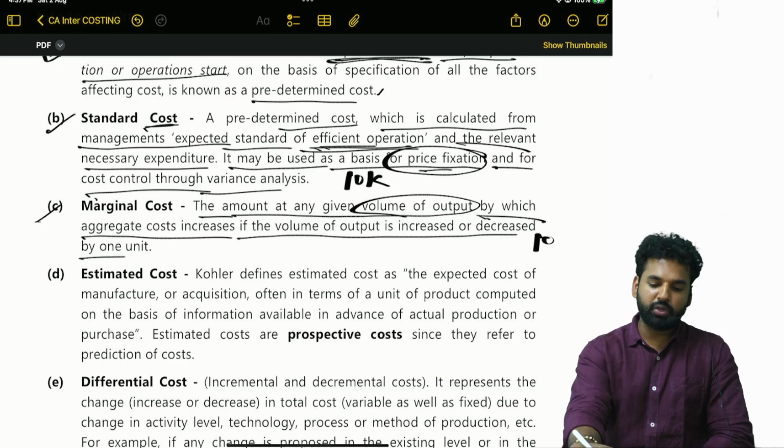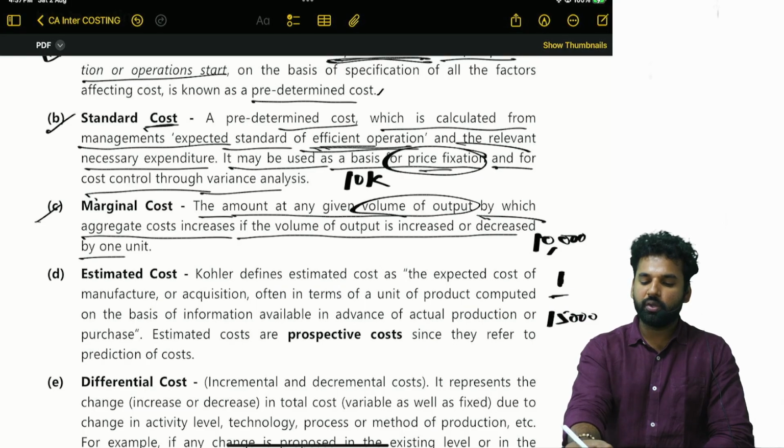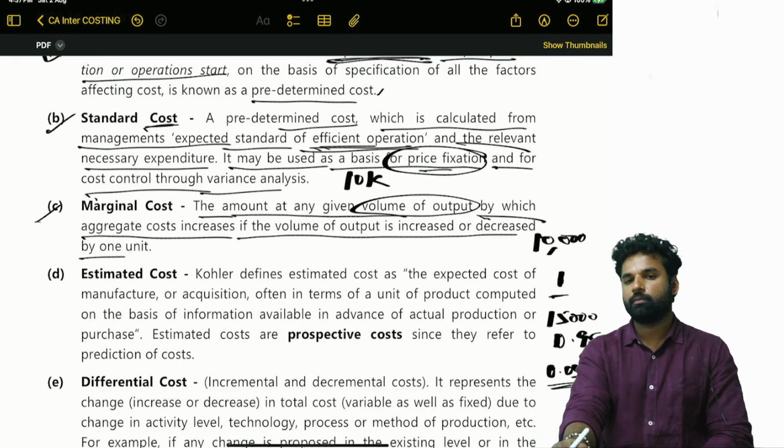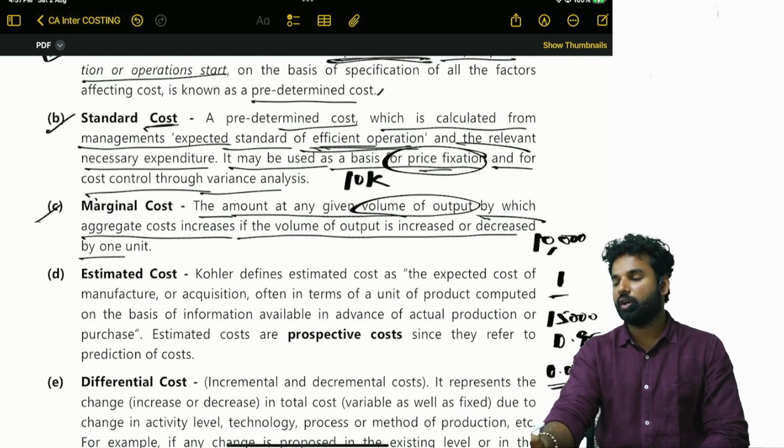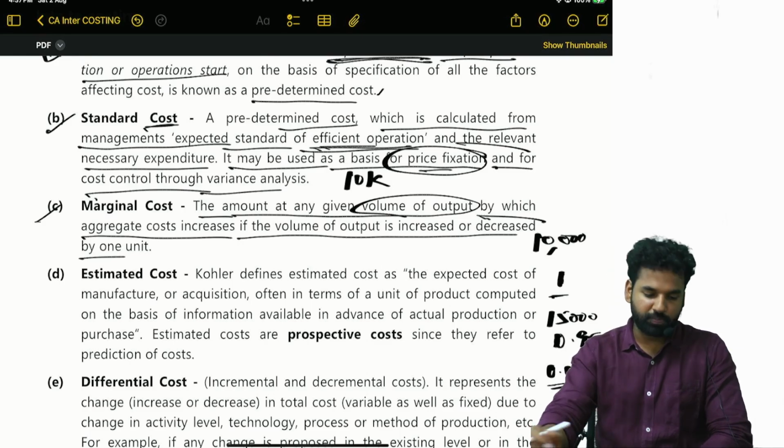If you are producing 10,000 units, unit cost is only 1. If you are producing 15,000 units, unit cost is rupee 0.95. So 0.05 is the marginal cost. Whenever there is a change in the level of activity, what is the change in the per unit cost, which is called marginal cost.